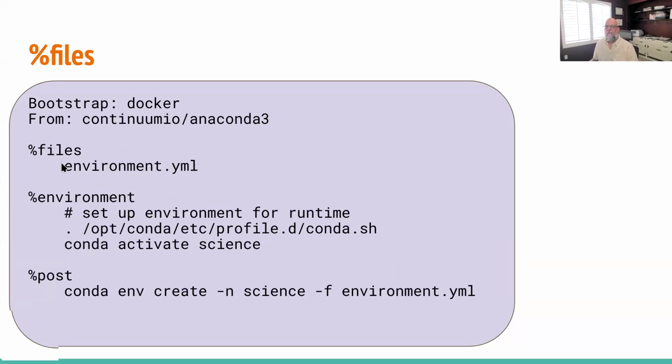So what this does is it takes the file from the current working directory and puts it in the container for you, so you can use it there. Most of the time we do this for injecting source, injecting files at build time. You can also use it for data, right? So if you have a common database that you always want to be in the container, you can inject that with the files section.